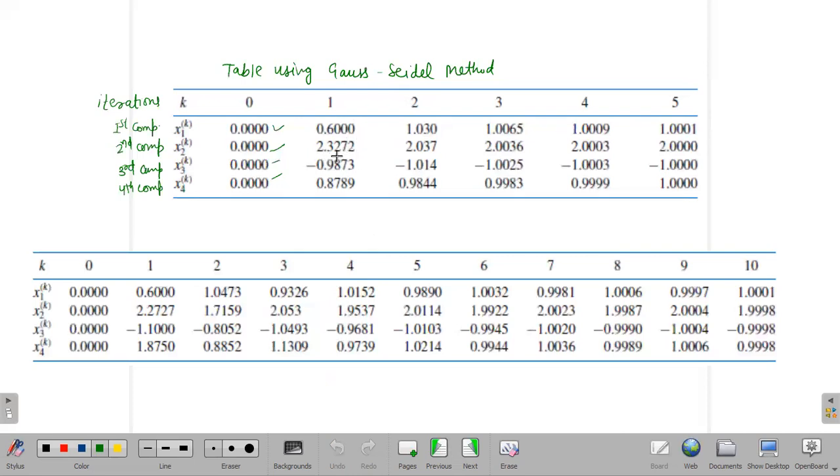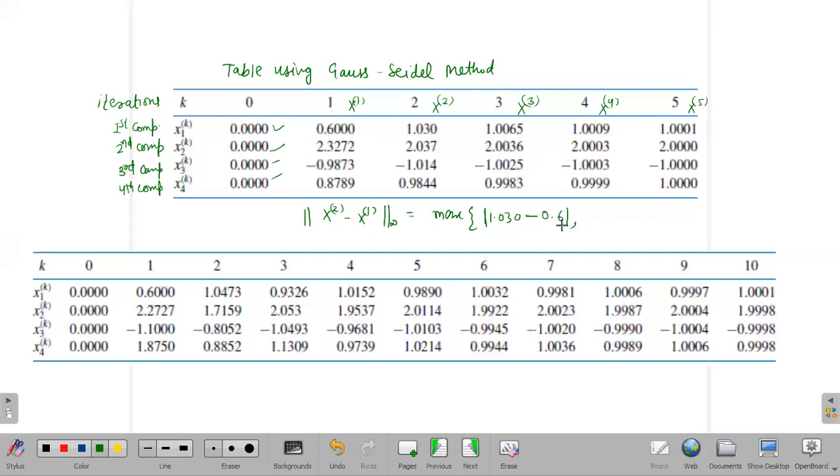Then again you apply the same procedure. Then you will get the second iteration this way. So this is your x1, this is x2, this is x3, and then x4, then x5. So here you can see the difference also. If I find x2 minus x1 by taking the norm, what will it be? It will be the maximum of 1.030 minus 0.6.